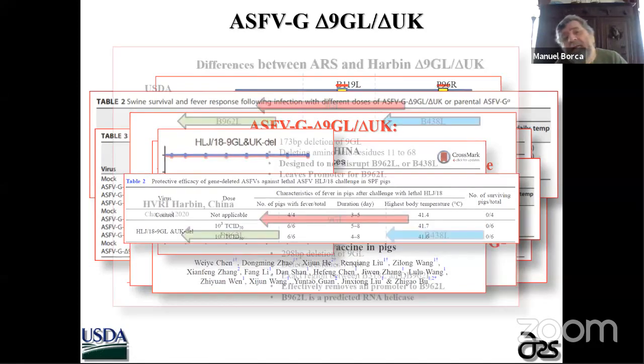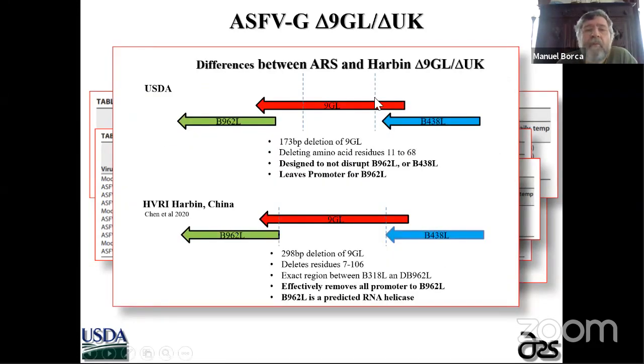But a brief analysis of the data published by Dr. Booth shows that the deletion of the 9GL gene, in the way they did it in Harbin, is wider than our deletion. The reason our deletion is concentrated in the middle of the genome was to avoid altering the genes flanking 9GL, especially the B962L gene, which is predicted to be an RNA helicase gene.